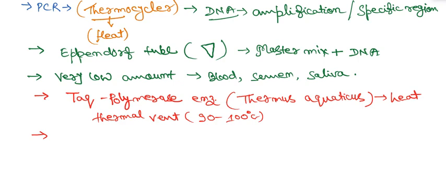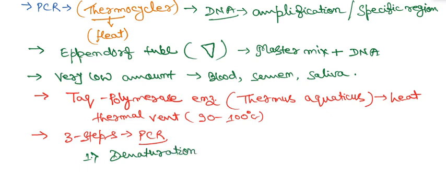So mainly three steps are followed in the PCR machine, or thermocycler machine. First is denaturation, second is annealing, and the third is extension.